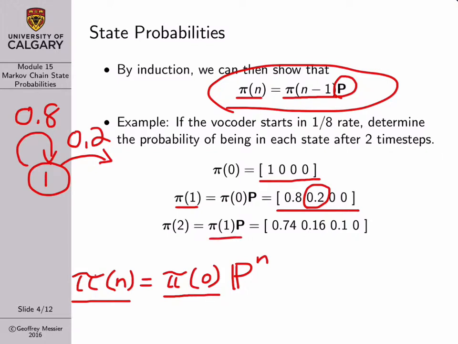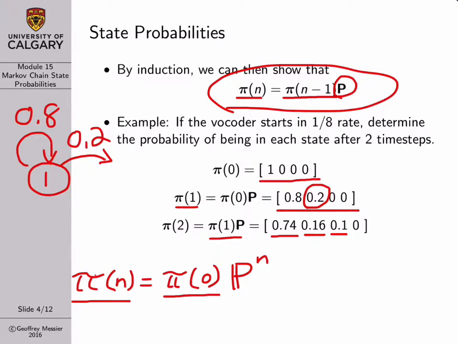If we want to determine our state probability vector after 2 time steps, we multiply pi1 by the probability matrix P, and as you can see, we start to spread out a little bit more. We're still most likely to have remained in the first state. We're actually a little less likely to be in the second state because now there's also a chance that we may have gone on to the third state.